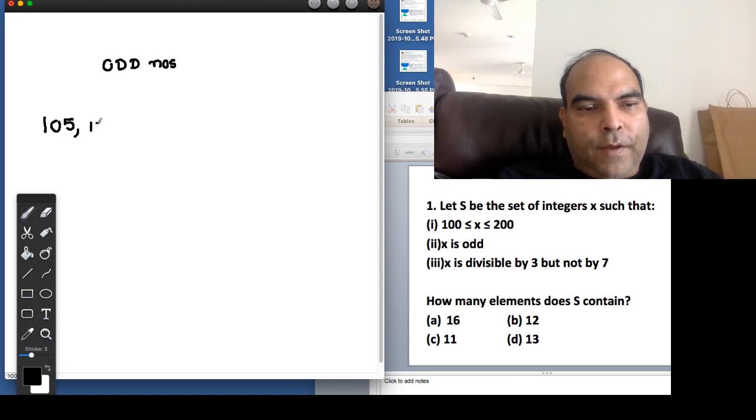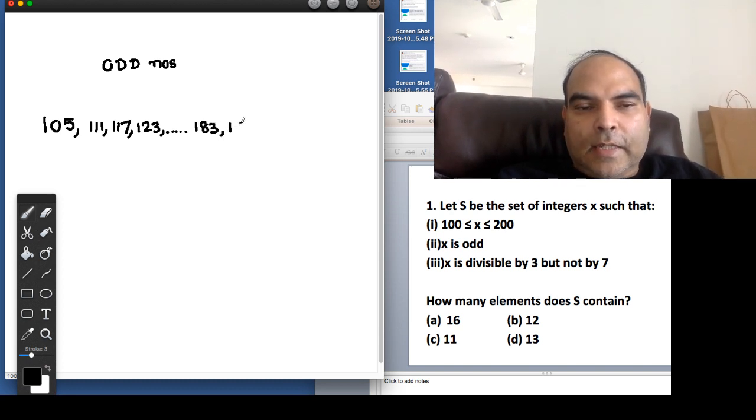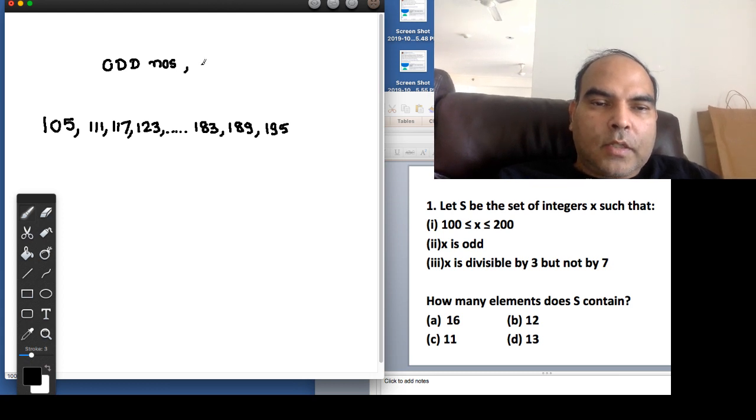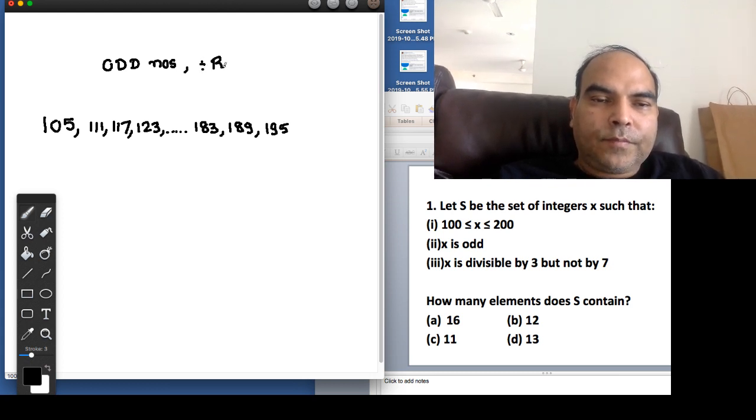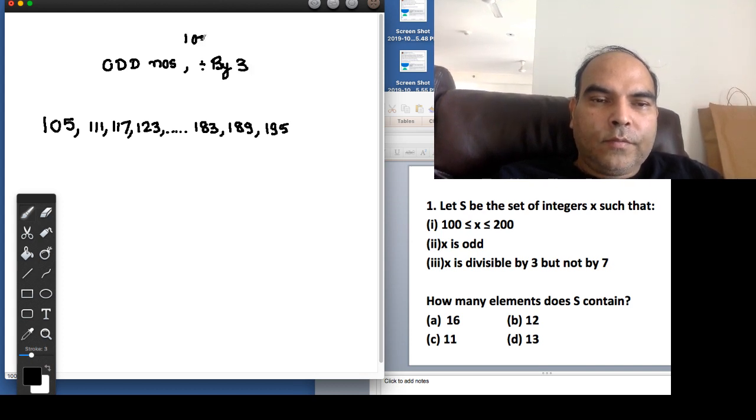So 105, 111, 117, 123, and because 123 is part of the series, 183 will also be part of the series. So the series ends at 189 and 195. So these are the odd numbers divisible by 3 between 100 to 200.